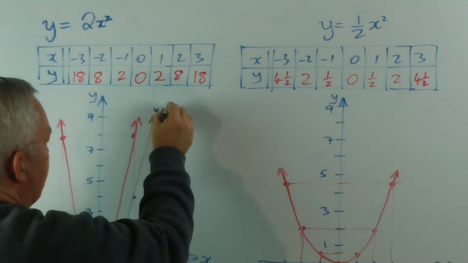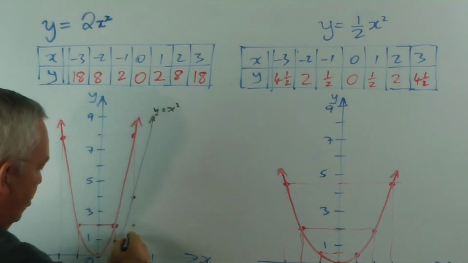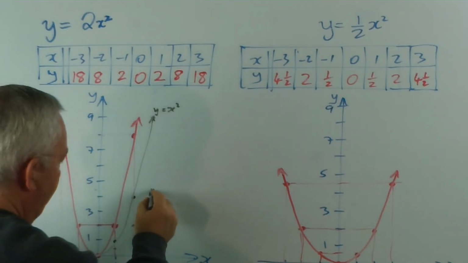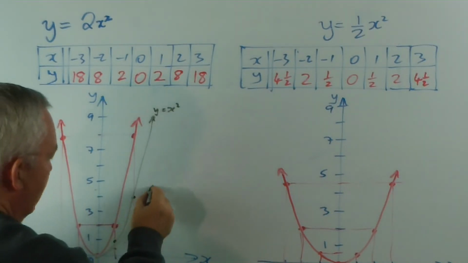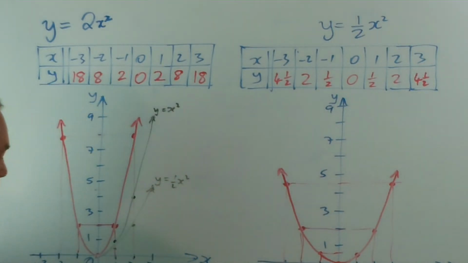That was our y equals x squared graph, and of course it was a bit wider out this way as well. And this one now goes through a half and 2 and 4 and a half further out as well, and this is y equals a half x squared. That's that one.